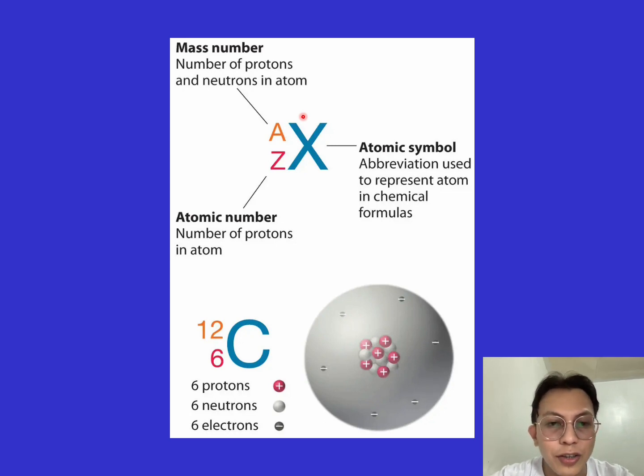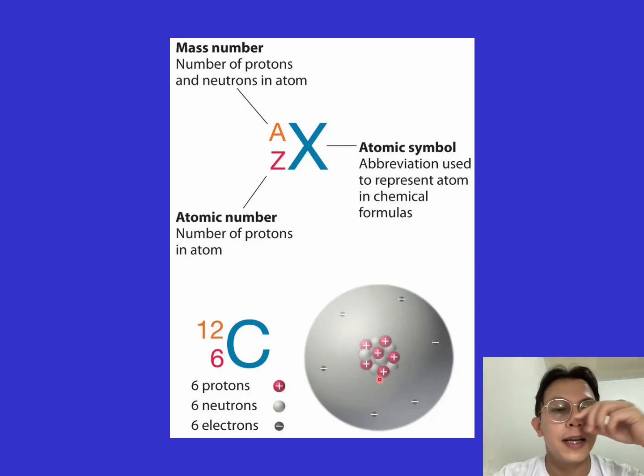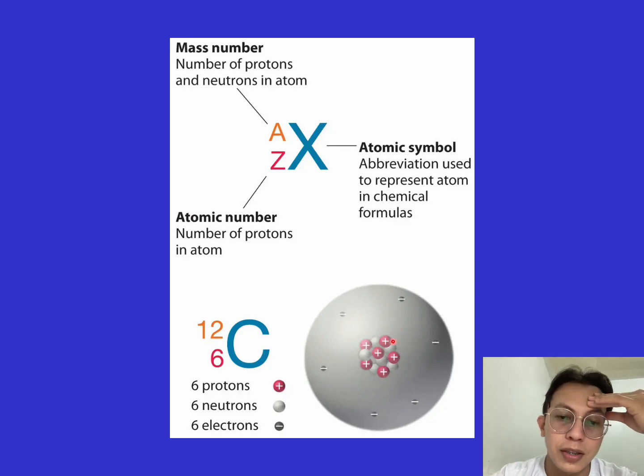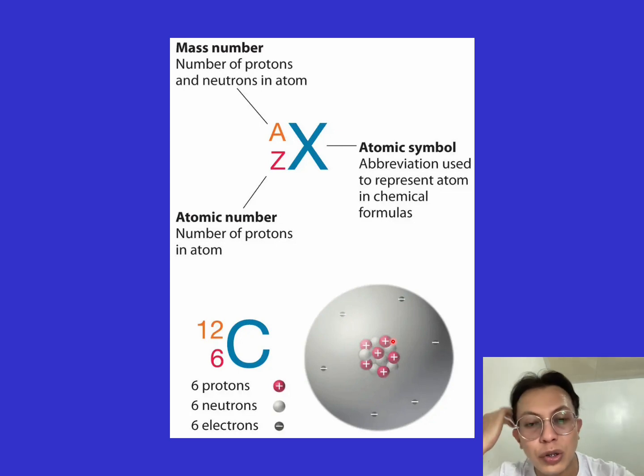So there, if we are going to illustrate or show in a diagram how a carbon element looks like, it has 12 there, meaning it is the mass number, the aggregate number of protons and neutrons. So 12, that's the number of protons and neutrons. If we are going to count, you check the positively charged particles: 1, 2, 3, 4, 5, 6, that's 6, plus the neutrons, the subatomic particles with no charge.